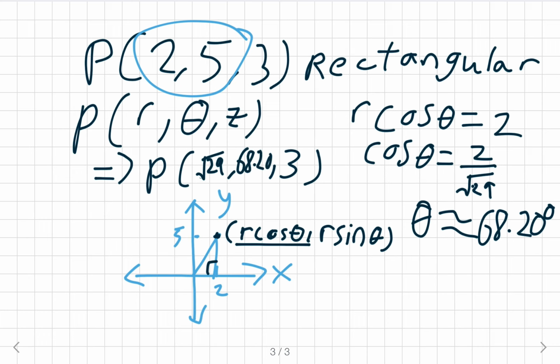It's an approximation. We usually round to 2 digits after the decimal point. So this is our cylindrical coordinates for the rectangular coordinates 2, 5, and 3. If you try to plot that, it will be essentially the same thing.